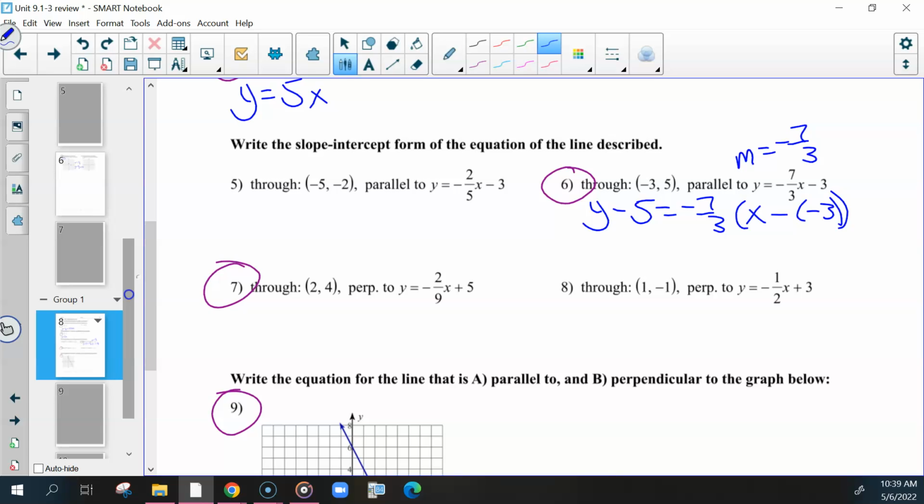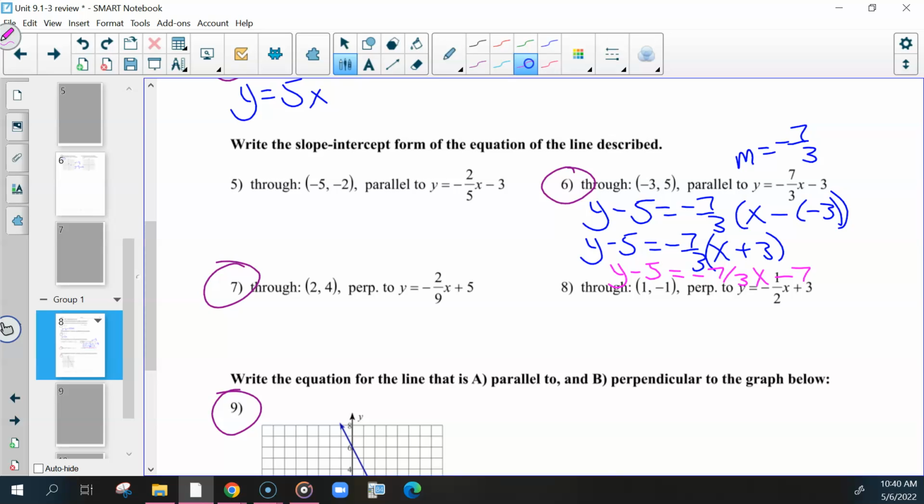And then we would solve. So I would need to change this to a plus, and then distribute and solve. So y minus 5 equals negative 7 over 3x minus 7. The 3's would cancel.